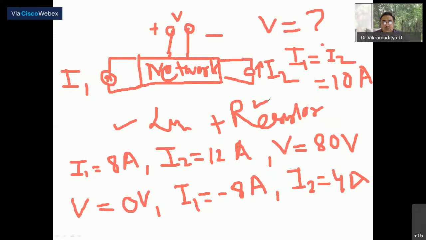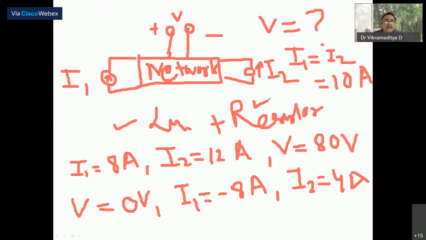Now these are the two sources and this is our load voltage V. Definitely there will be some contribution in producing this voltage V. There will be some contribution by I1 and some contribution by I2.